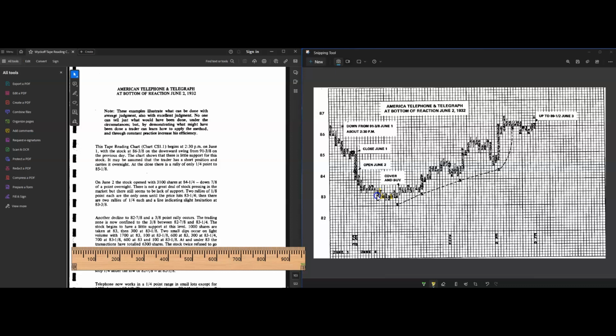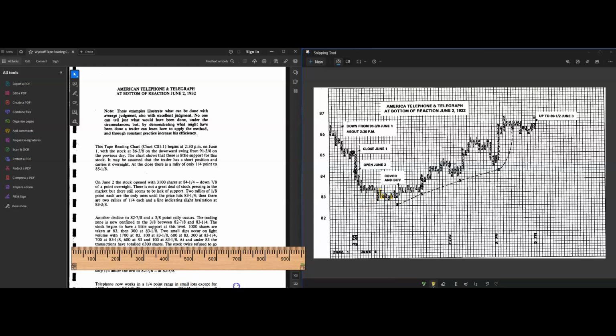When he says at and under 83, the transactions have totaled 6,300 shares, he's talking about this level and 82 and I think 7/8. And he's adding up the volume and saying it equals 6,300.